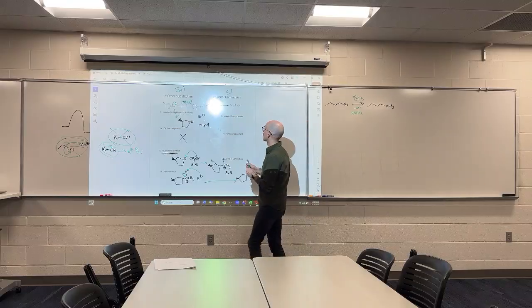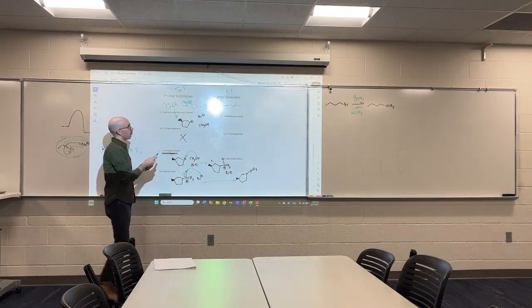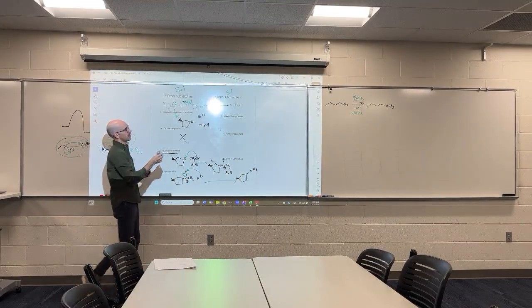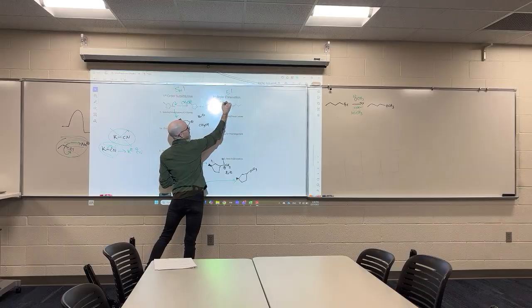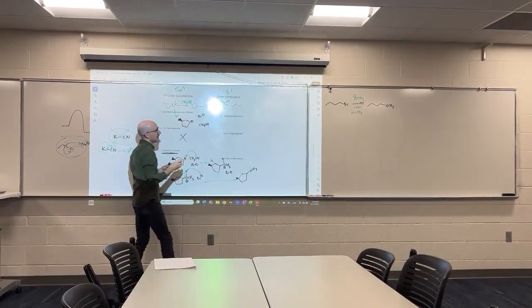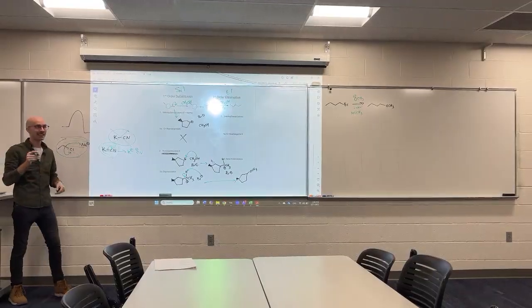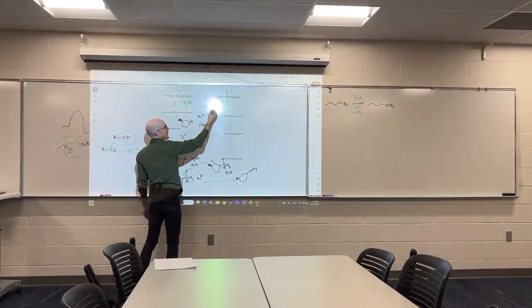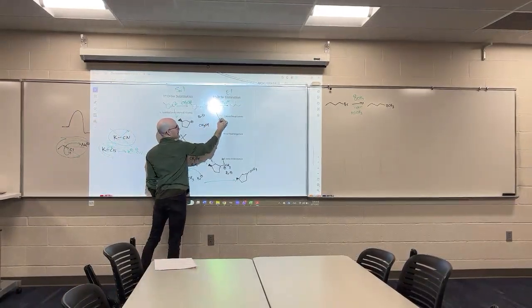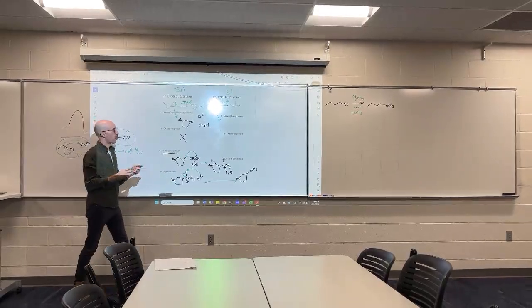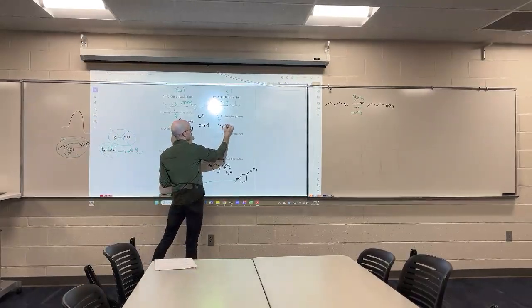E1. Here, it wouldn't matter what my reagent is, so I'm going to show CH3OH and heat. But once again, my first step is exactly the same. The leaving group leaves, and I form a carbocation intermediate.